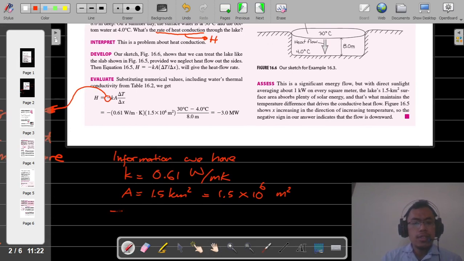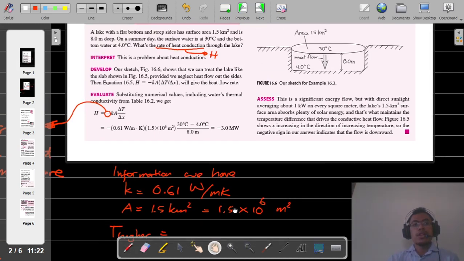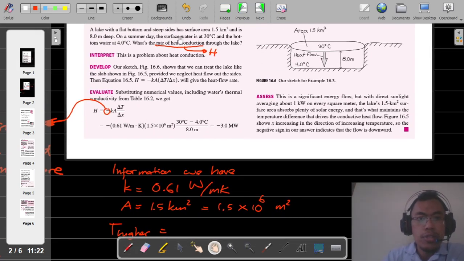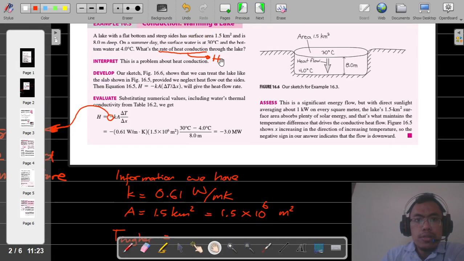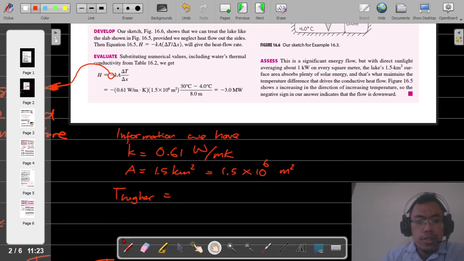And then the T higher, the higher temperature on the surface of water, is 30 degrees Celsius, or 30 plus 273, so it is 303 Kelvin.